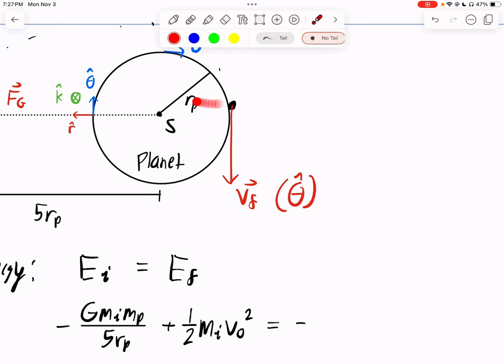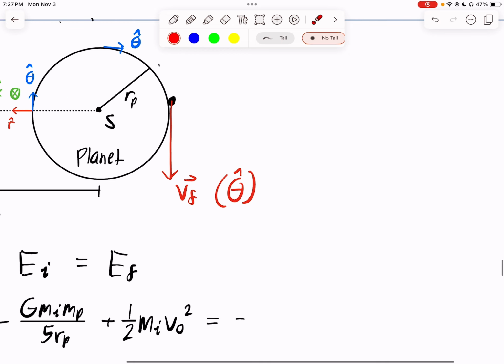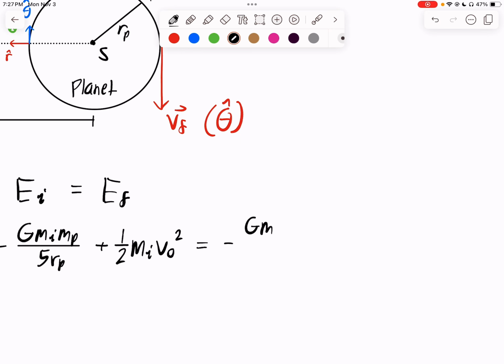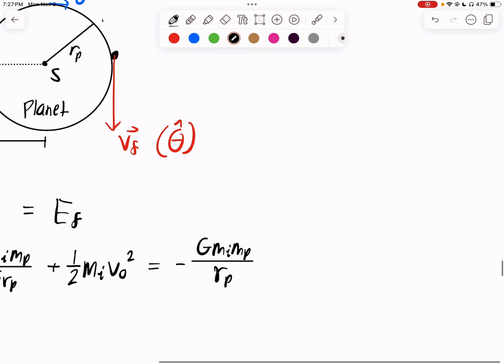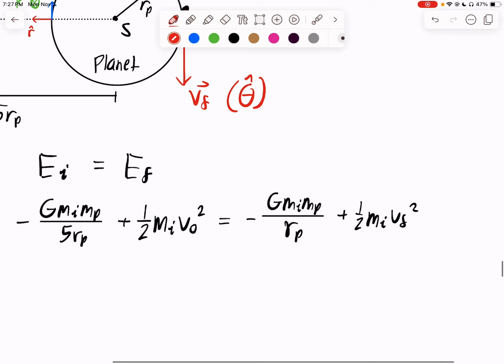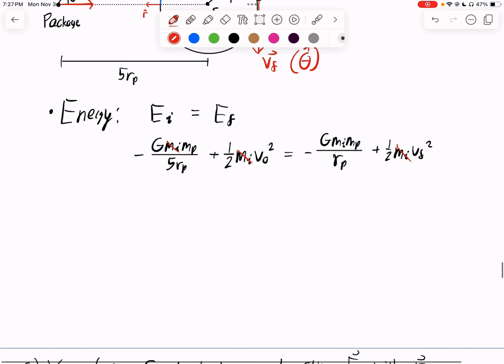Now it's only a planet radius away from the core, and it has an even greater final velocity because it's getting closer to the planet. So G M_i M_p over R_p, plus the usual kinetic energy, 1/2 m_i v_f squared. From here, we can cancel out some terms. Nice. So let's just save this real quick.